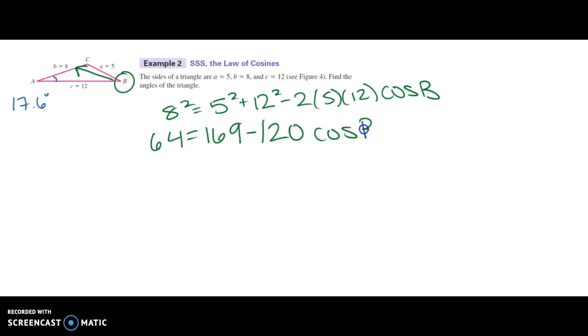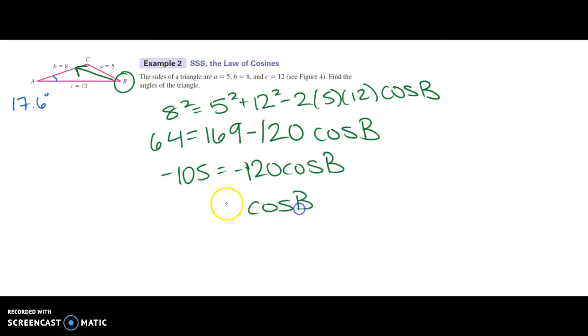120 cosine B, again I need to subtract the 169. And I'll need to divide by the negative 120. There was no rounding there, that came out exact.